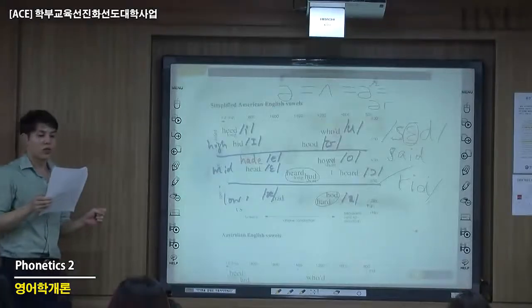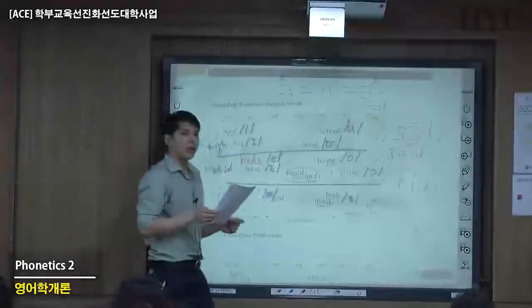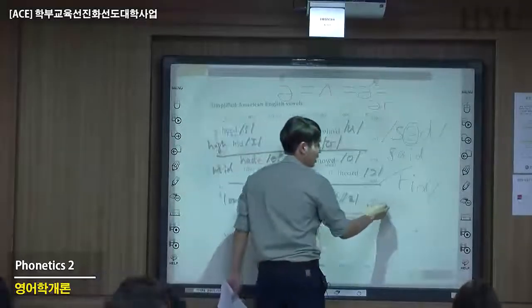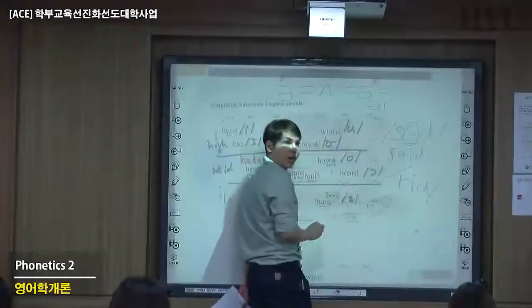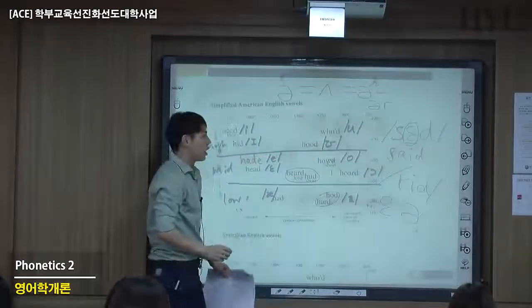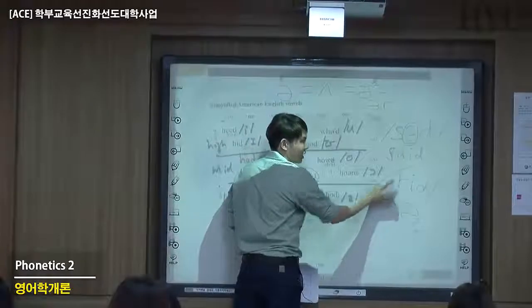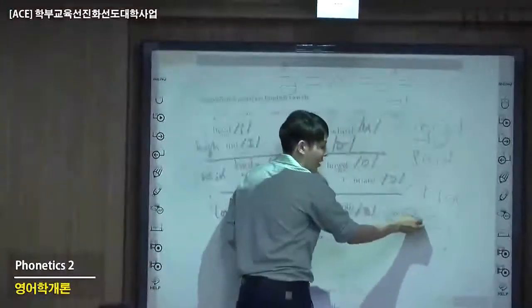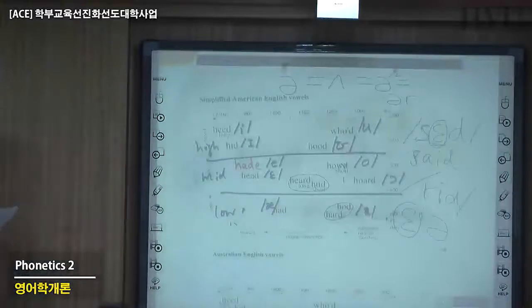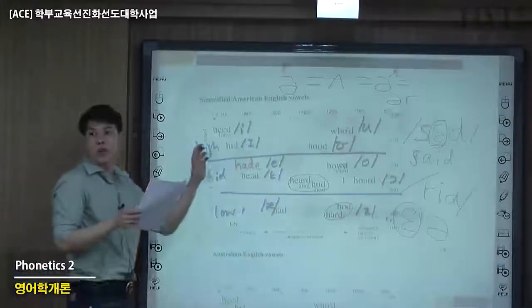Number 2, how do you pronounce it? "Weather." So the vowel is the same, at least in the first syllable. So we circle that: said, weather.